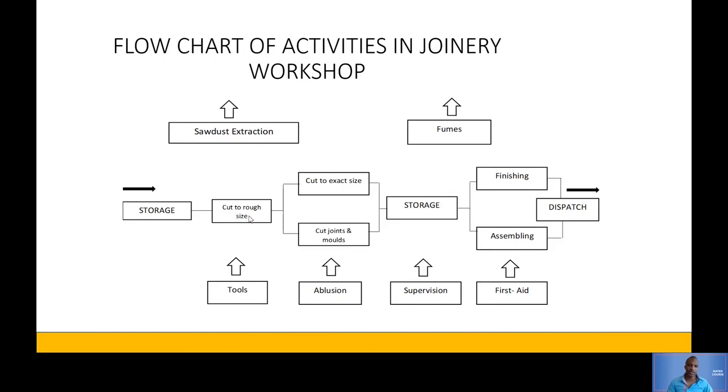But here, let's look back. When you are cutting it through the size, you use tools to cut it. And what happens is that as you cut it, you need sawdust extraction, because sawdust comes out. Now, sawdust is just the little shavings that are coming out of the wood as you cut it, and you need an extractor to extract them.